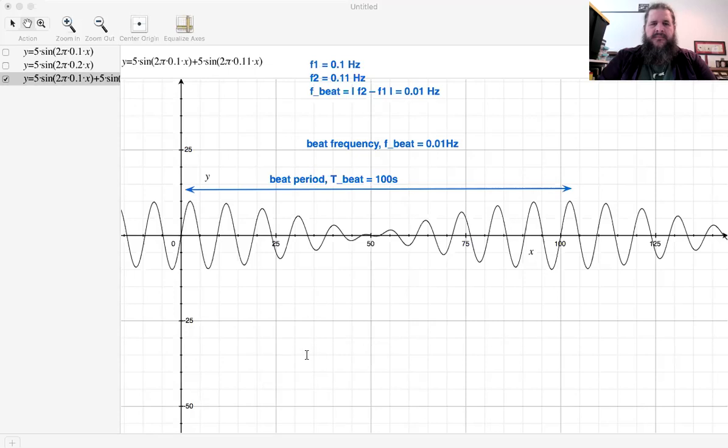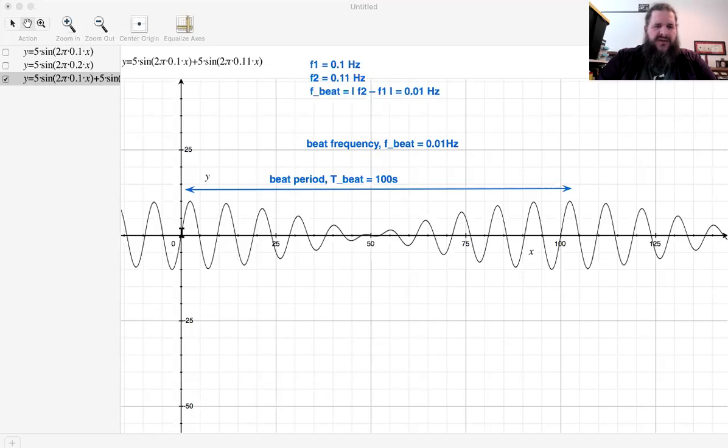So then if we wanted to measure the beat frequency, just looking at a beats graph, we would probably take the highest crest of one beat and the highest crest of the other beat and record the distance. You're looking for the large amplitude zone and the next large amplitude zone. And that can be difficult to see just by looking at it, because it's not always going to be exactly on a crest or a trough.